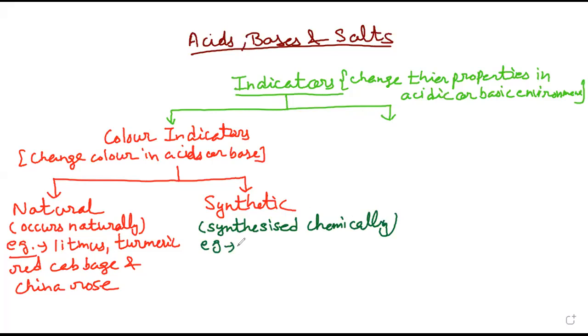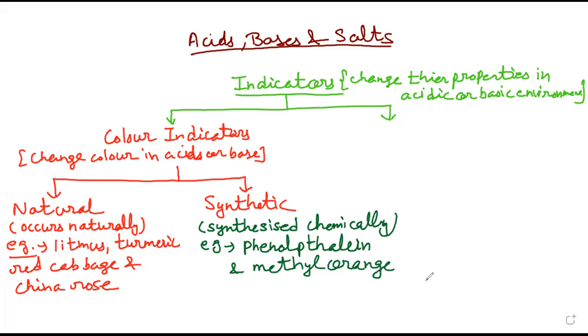We will discuss two synthetic indicators in class 7, that is phenolphthalein and methyl orange. So these are the two indicators. One is natural, one is synthetic.